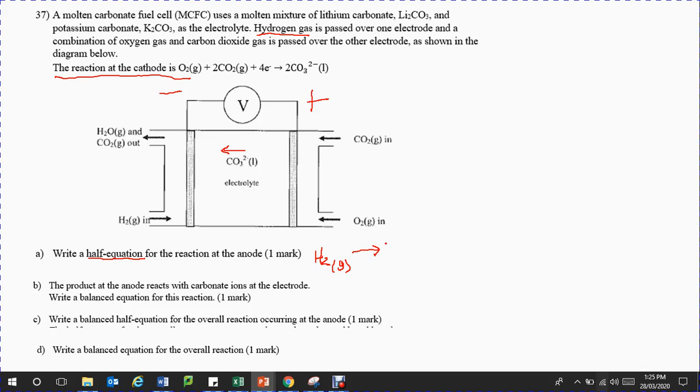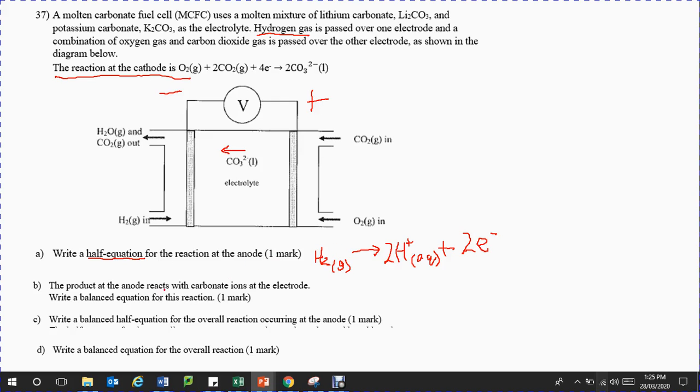So that means it's going to lose the electrons, forming my hydrogen ions. And it's lost 2 electrons. Good, so that's 1 mark. I've written the half equation for the reaction at the anode.